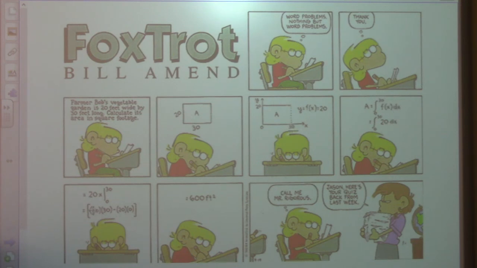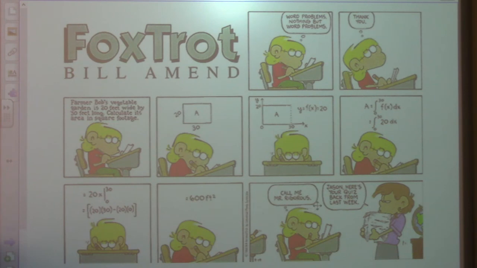And then he takes the integral of this, and what's the integral of 20 dx? It's going to be 20x, right? And he's going to evaluate from 0 to 30. And this notation that he does here in the cartoon is what we're going to be doing here shortly. And he gets 600 feet.